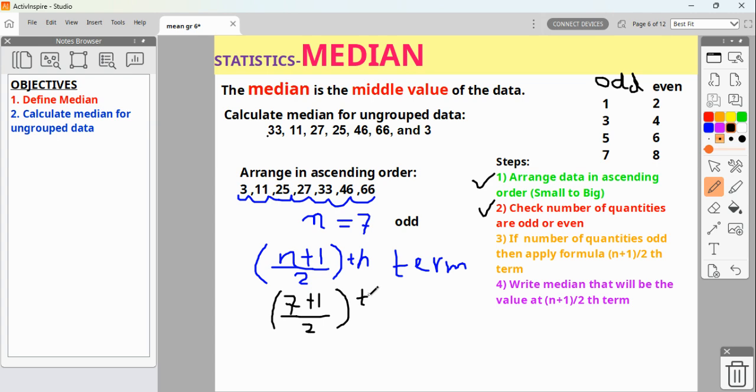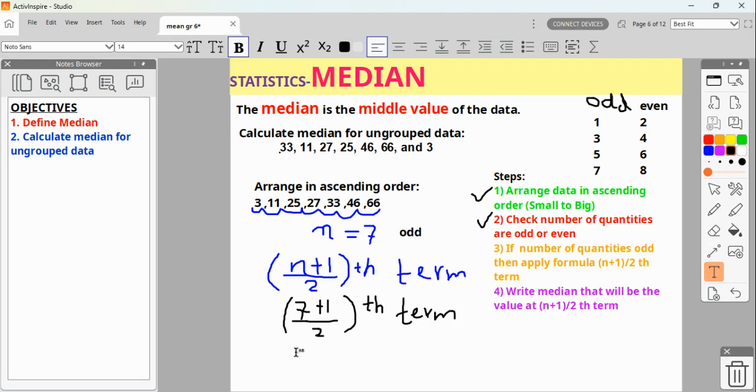So 7 plus 1 will be, it's very easy, 8. It will be 8 divided by 2, 8 by 2th term. 8 divided by 2 will be fourth term. So our median will be the fourth term.